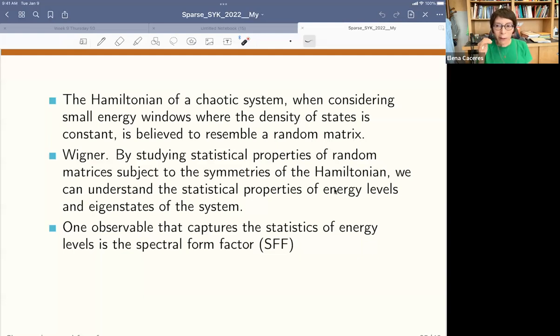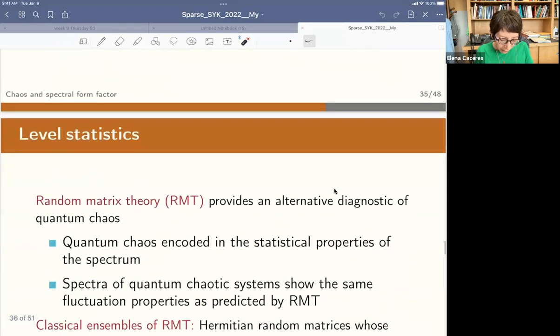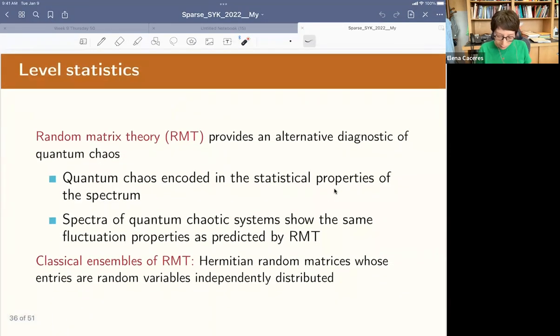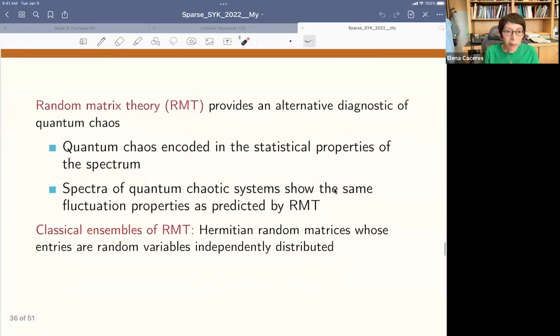Even though physically it's not a very intuitive thing, it is an observable that does capture the statistics of energy levels. Random matrix theory provides an alternative way of diagnosing chaos. Quantum chaos is encoded in the statistical properties of the spectrum. The spectra of chaotic systems show the same fluctuations as predicted by random matrix theory.